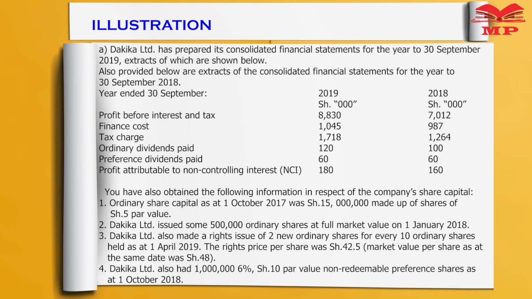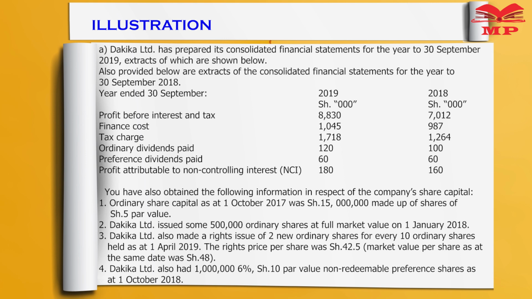And number three, Dakika Limited also made a rights issue of 2 new ordinary shares for every 10 ordinary shares held as at 1st April 2019. The rights issue price per share was shillings 42.5. Market value per share as at the same date was shillings 48.